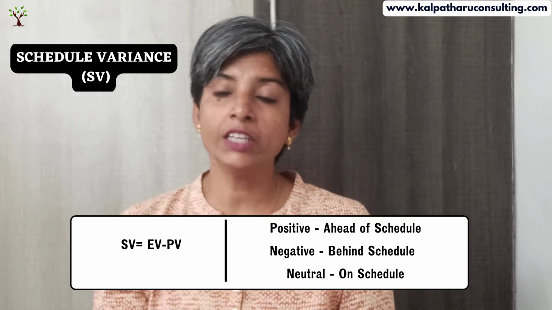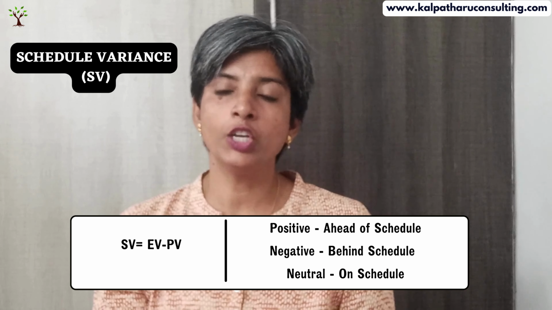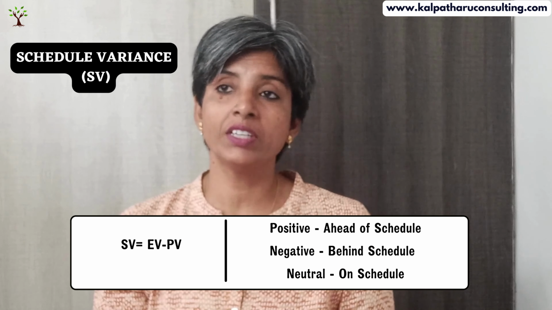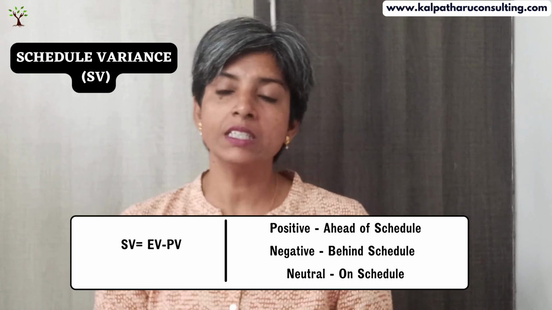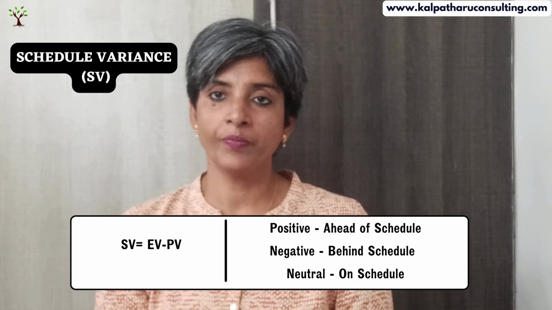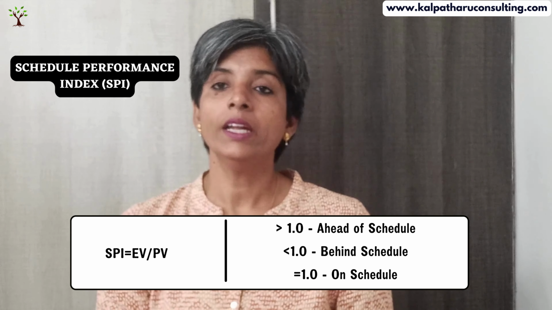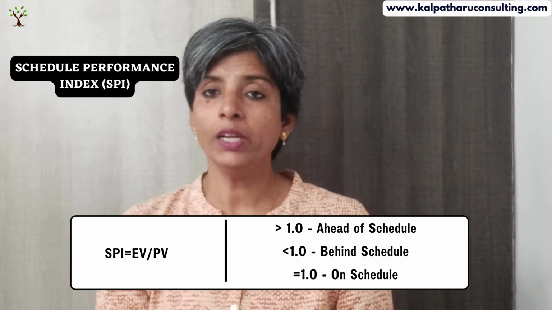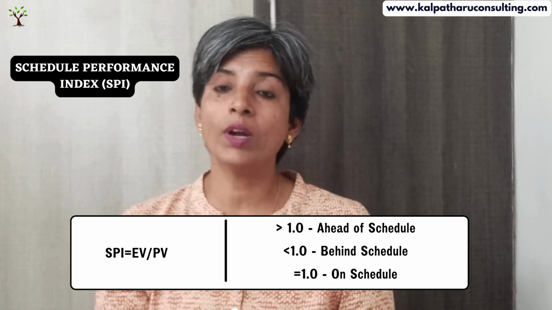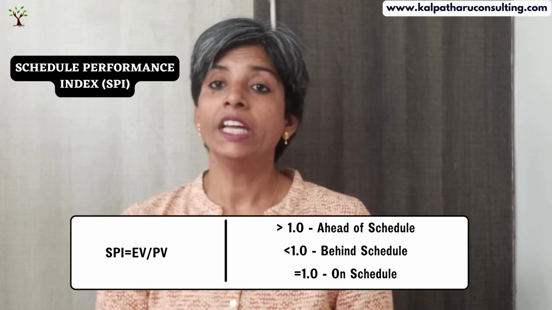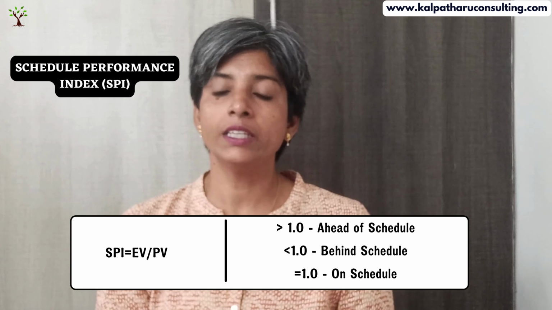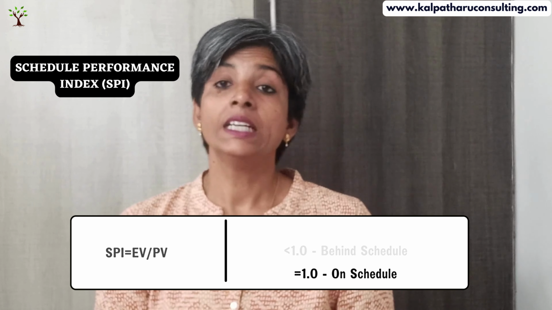If it is negative, we are behind schedule. If it is neutral, then it is on schedule. Schedule performance index, if it is greater than 1, it is ahead of schedule. If it is less than 1, we are behind schedule. If it is equal to 1, then it is on schedule.